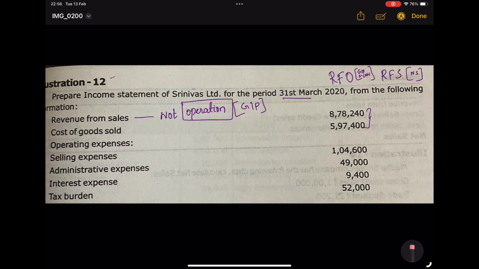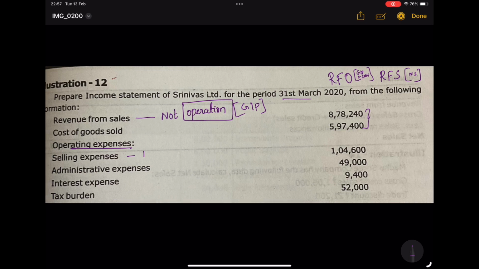Next, they have given operating expenses. These operating expenses come under the expenses heading of your income statement. Here we don't have a separate heading for selling expenses, isn't it? So we are going to take this in note 14, that is other expenses.